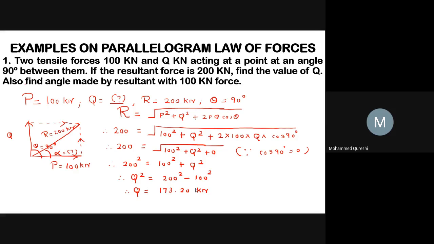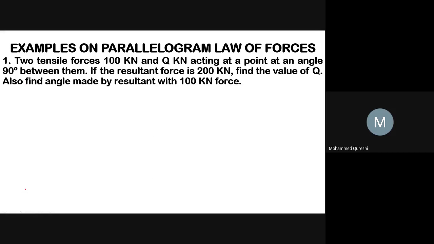Now, next step, we have to find the value of alpha, because in the statement it is given that we also find the angle made by the resultant with the 100 kilonewton force. So now we know the equation that tan alpha equals Q sine theta upon P plus Q cos theta.